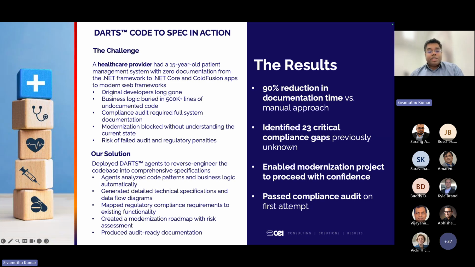With the DARTS code-to-spec agent, the agents analyzed the entire code base, pulled out the business logic and data flows, mapped the functionality to regulatory requirements, and generated comprehensive technical and compliance documentation. The outcome: a 90% reduction in documentation time, we identified critical compliance gaps, and the agents enabled the modernization project to proceed with confidence. That's the kind of benefit code-to-spec brings in the real world.